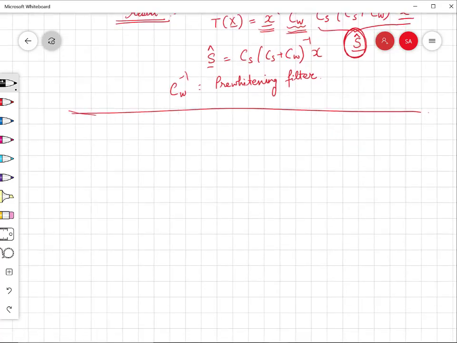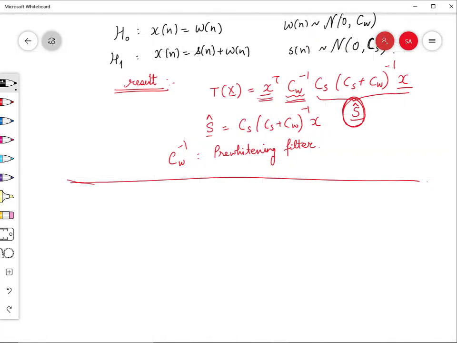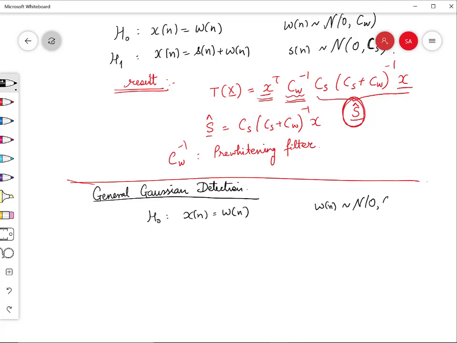Let's talk about one more generalized version of this particular detection. Let's take a very general case of general Gaussian detection. Here what I'm going to consider is that H0 is again the same thing, w[n] is again a colored Gaussian noise with mean 0, covariance Cw.